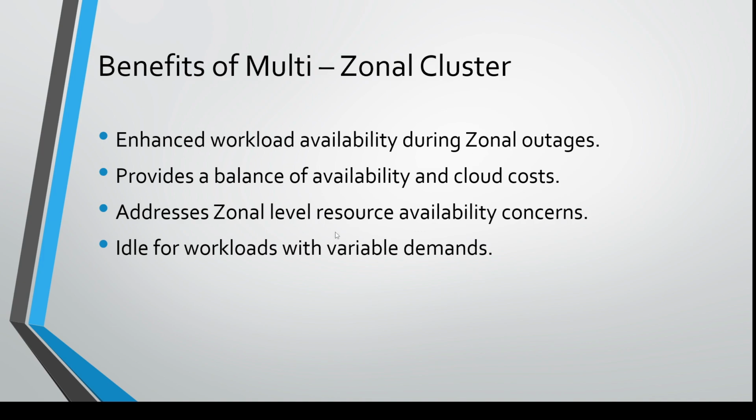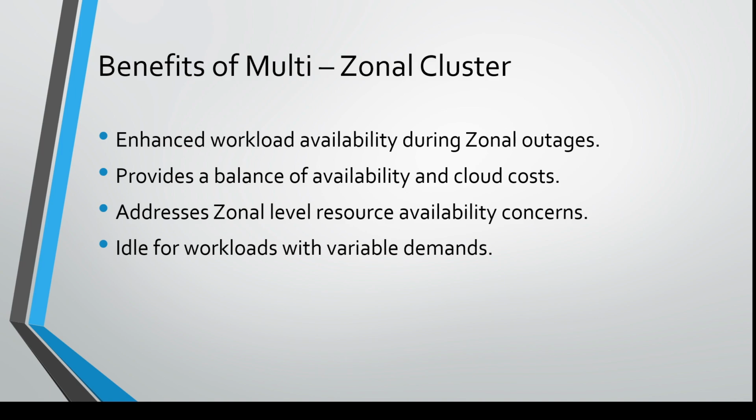The next thing is that it addresses zonal level resource availability concerns, right? At this point, we talked about the single zonal cluster, wherein if you are using a specific compute family for your node pool and Google Cloud had saturated its resources available for that specific compute family in that specific zone, you won't be able to scale your workloads, right?